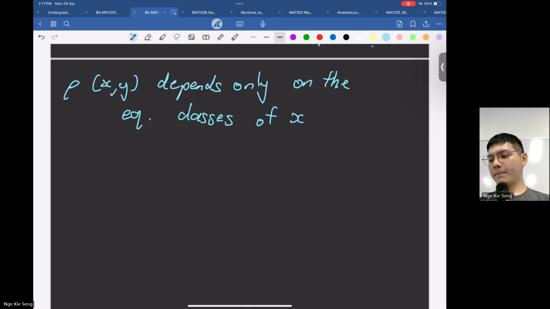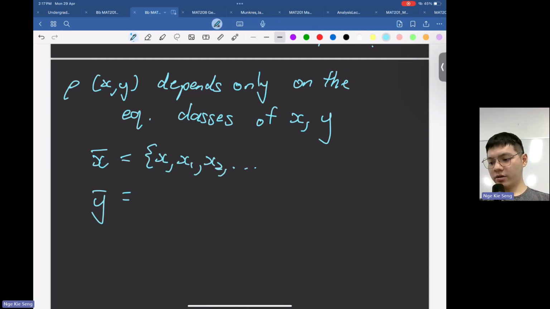What does it mean? Potentially you have equivalence classes for x and y, say x1, x2, and so on, and y1, y2, and so on.